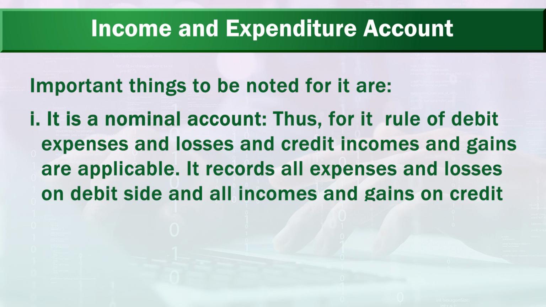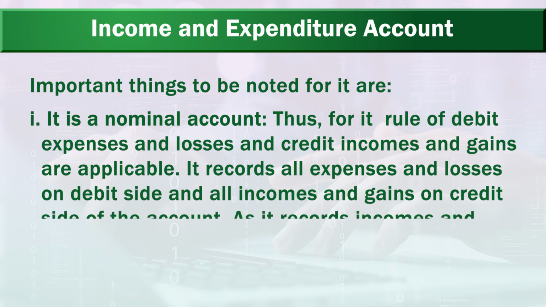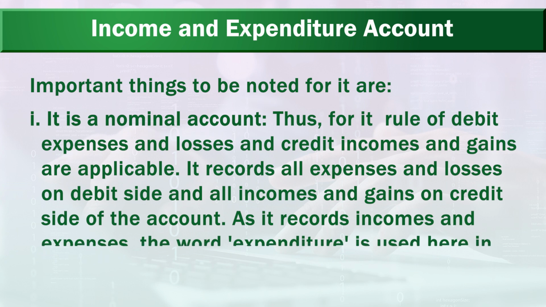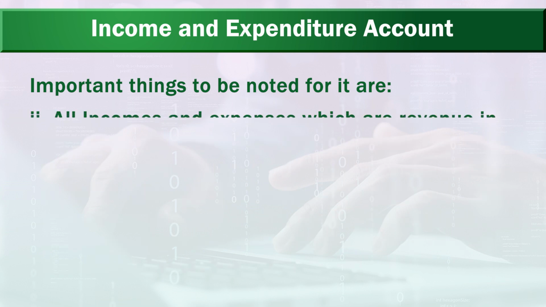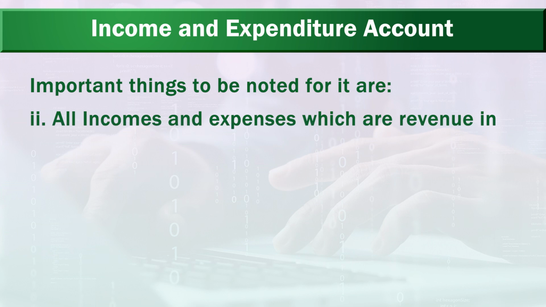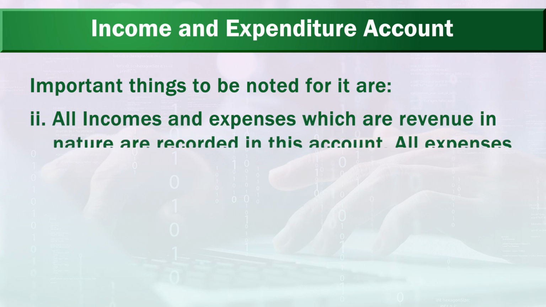It records all expenses and losses on the debit side and all incomes and gains on the credit side of the account. As it records income and expenses, the word expenditure is used here in the sense of an expense. Second, all income and expenses which are revenue in nature are recorded in this account.